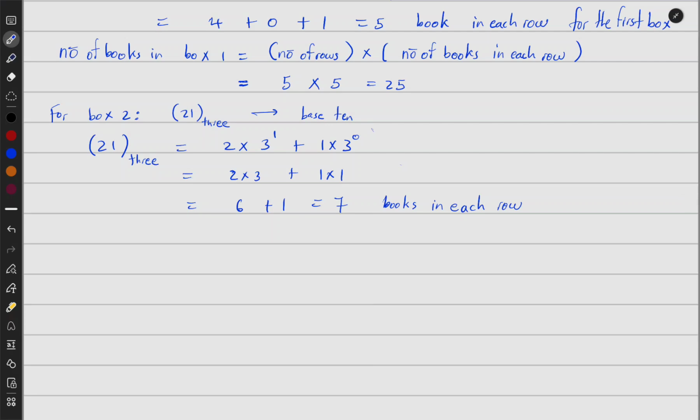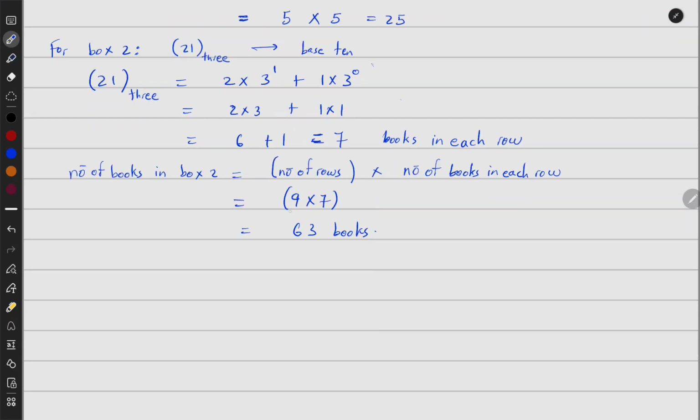Okay, so this is going to be... so therefore the total number of books in box 2 is going to be the number of rows in here.